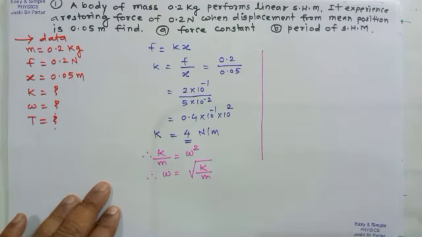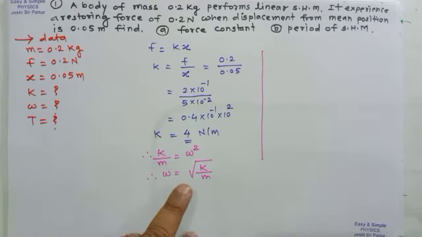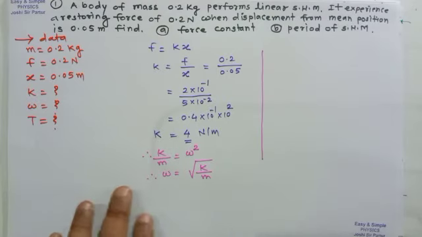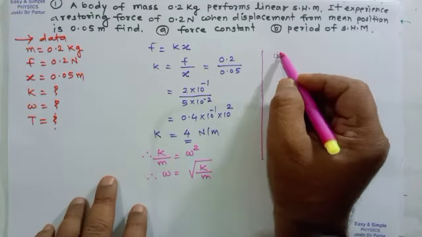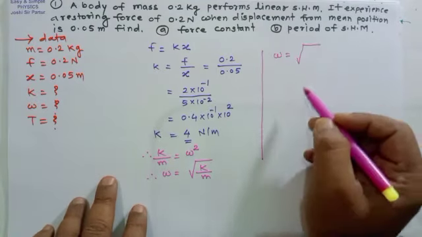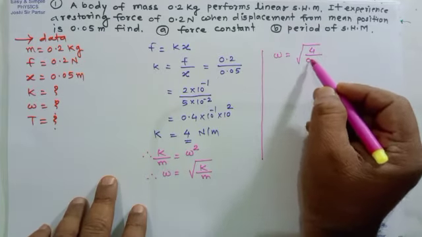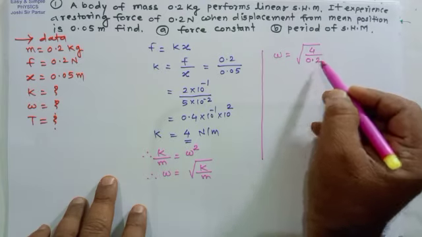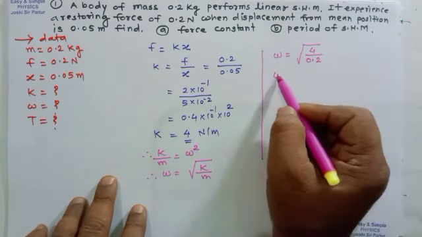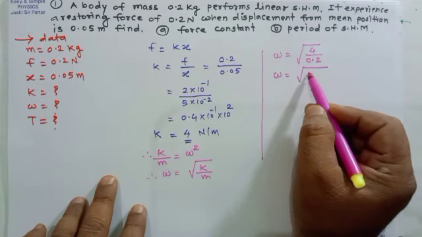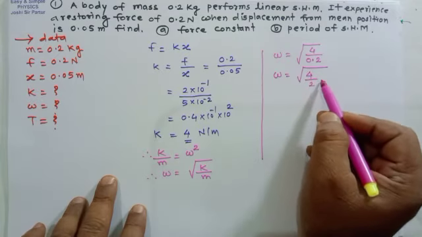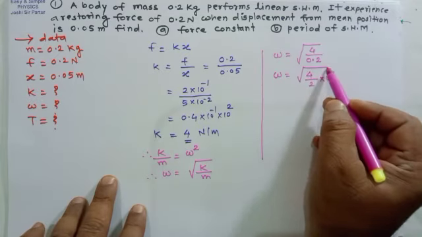If we put the value of k and put the value of m, so here omega will be square root of 4 upon 0.2. So omega becomes square root of 4 upon 2 into 10 to the power minus 1.